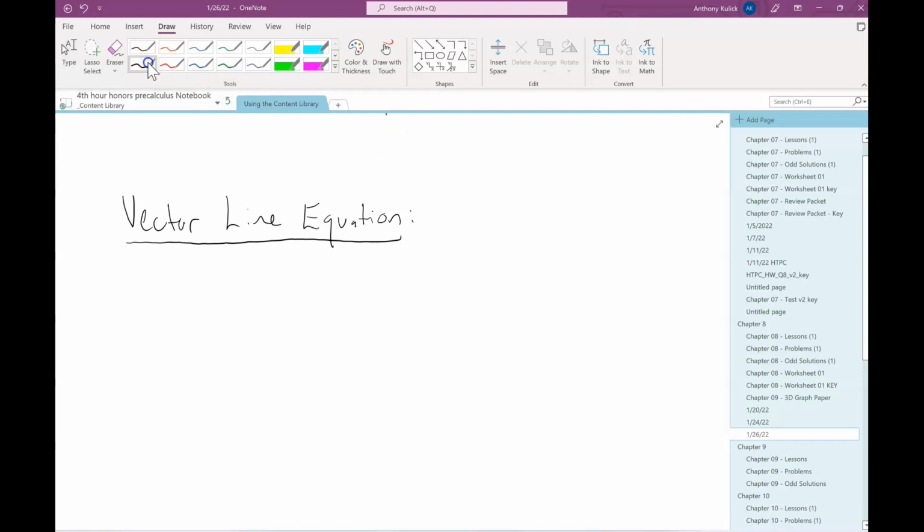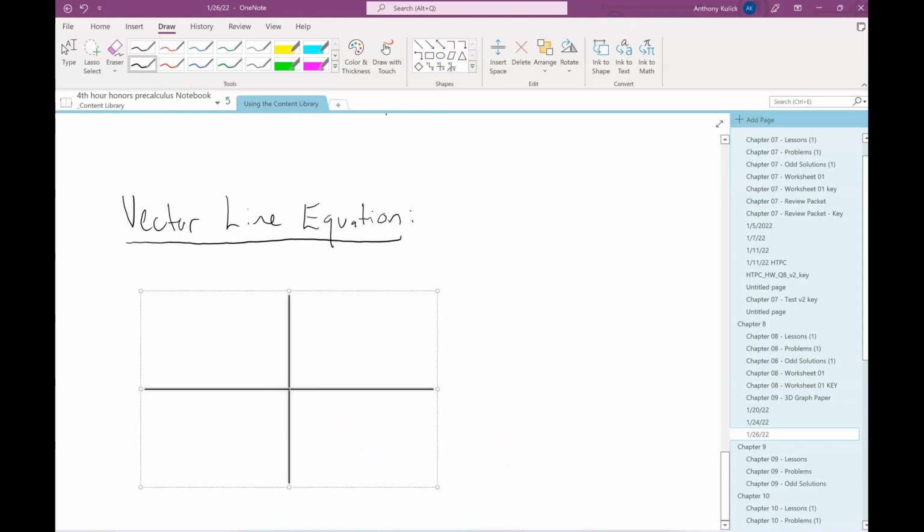Let's take an example, and we'll use this example to generate the idea here. Let's say we have the line y equals 1/2 x plus 1.